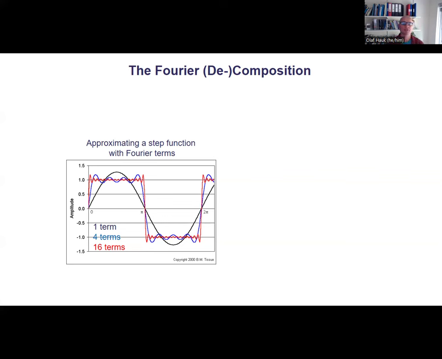So we have a signal, let's say a step function here, and we want to approximate that with a certain number of sine and cosine functions. Then we maybe can just pick one, which comes at least somewhat close to the step function, so a sine curve with a corresponding frequency. But if we then want to improve the fit a little bit, we can add higher terms, 4 terms, 16 terms, and we will get closer and closer.